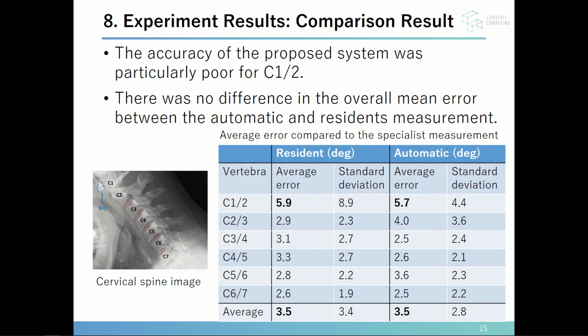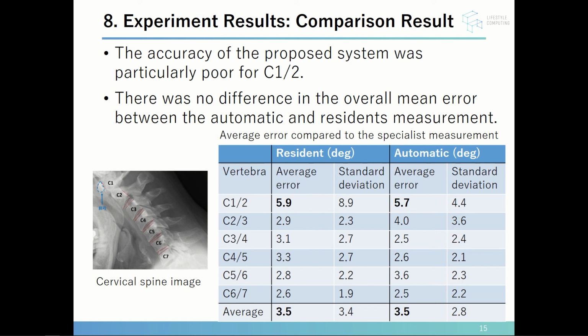The mean error between the true value and the Cobb angle between each vertebra in the automatic and resident measurements is shown in this slide table. The accuracy of the proposed system was particularly poor for C1 and between C1 and C67.